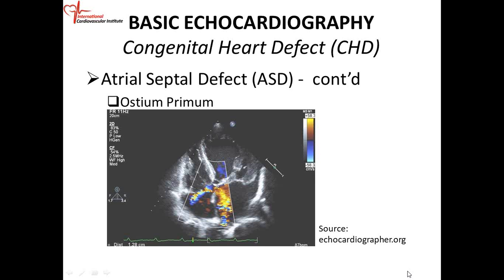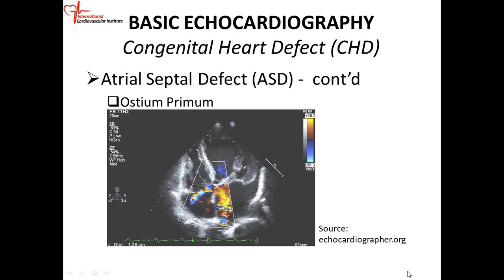So on the hypoplastic left heart syndrome, we have a poor development of the left ventricle. So essentially, the left ventricle is not functioning. Remember, the function of the left ventricle is to pump blood across the aortic valve into the aorta. So if you don't have the left ventricle taking part in the heart circulation, then you need some communication between the right heart and the left heart.